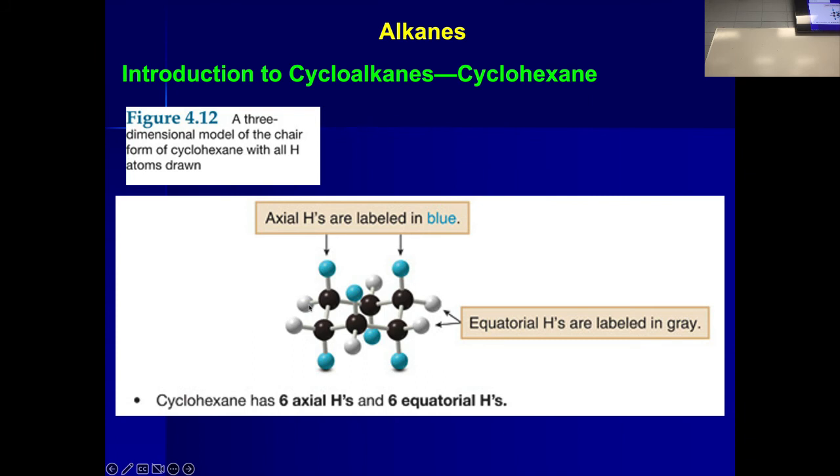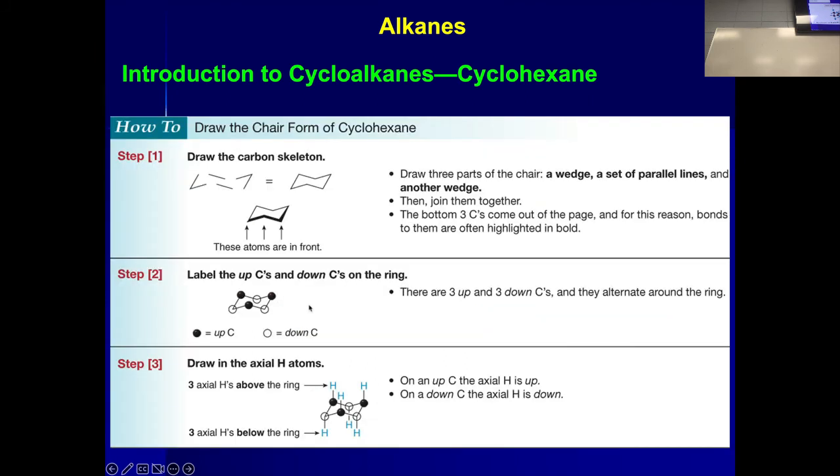So these that are blue, we call equatorial. They're around the equator of the structure. So these are axial, and these are equatorial. So we can have axial hydrogens, and we can have equatorial hydrogens, and it matters an awful lot. So you need to be able to look at this.